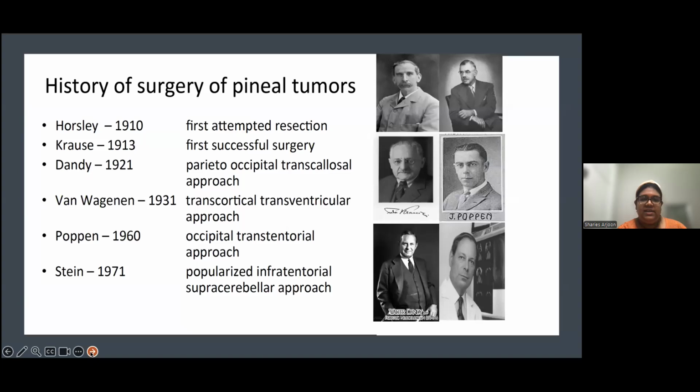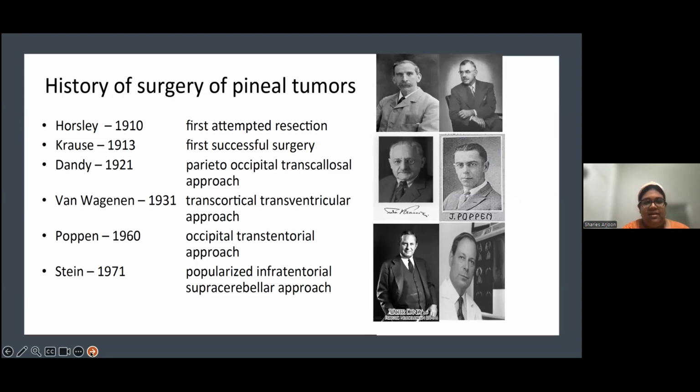In terms of the history of surgery and landmarks of pineal tumors, in 1910, Horsley made the first attempt at resection of a tumor in the pineal region. In 1913, Krause had the first successful surgery, and in 1921, Dandy came up with the parieto-occipital transcallosal approach.